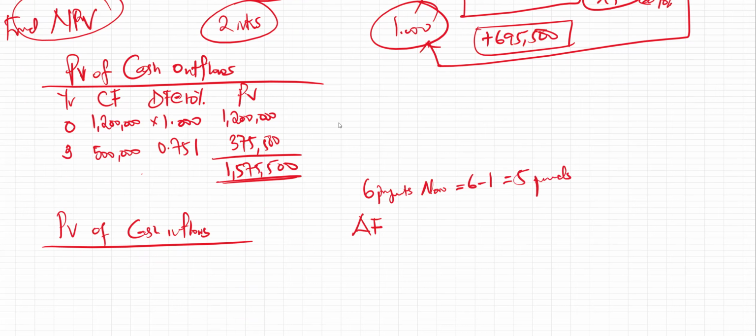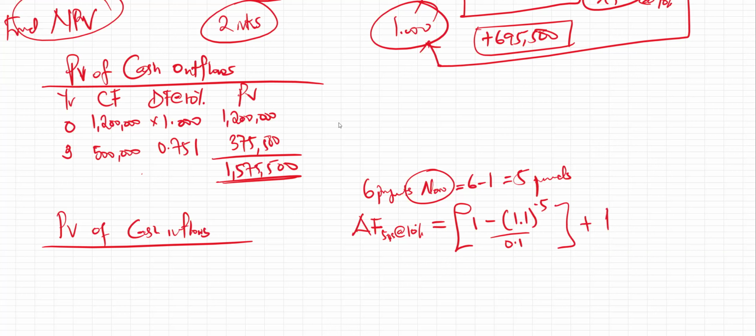I'm going to do annuity for 5 years at 10%, because it's starting from now. So I do 1 minus 1.1 raised to the power minus 5, all over 0.1. When I finish, I add 1 to it.